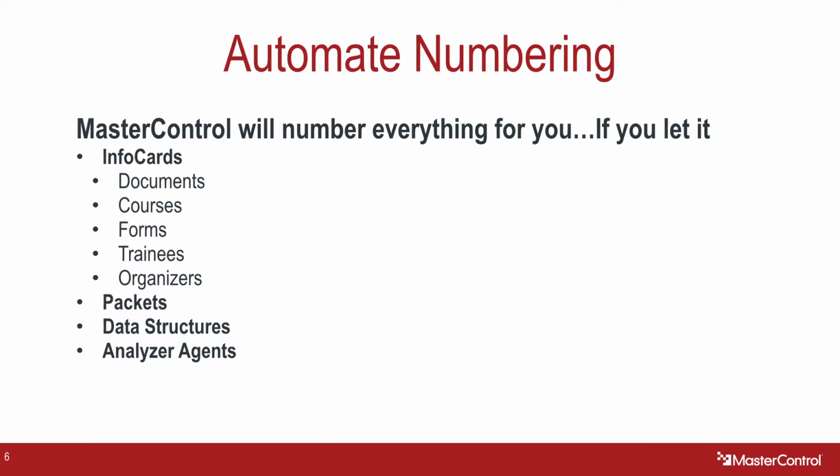So, like I said, the first thing we're really going to focus on is the automation of numbering. Master Control will automate just about everything for you number-wise. Info cards, which includes all your documents, your forms, your courses, your trainees, your packets, data structures, analyzer agents, those can all be configured for auto numbering.